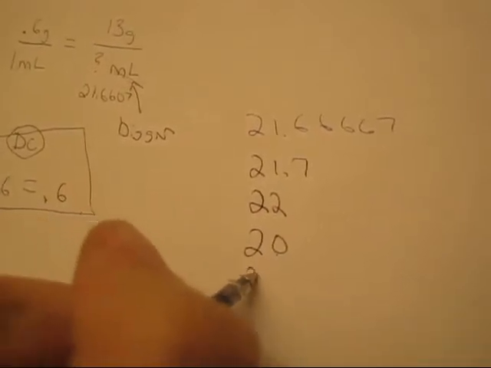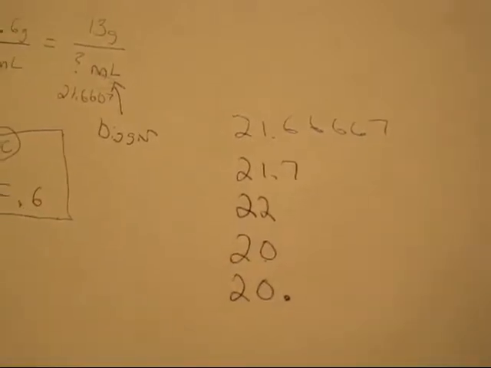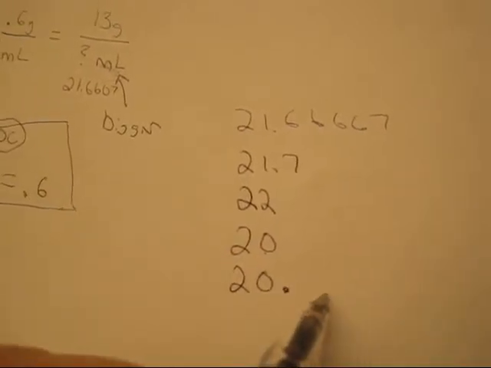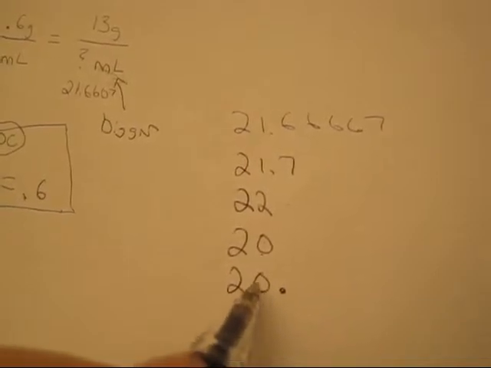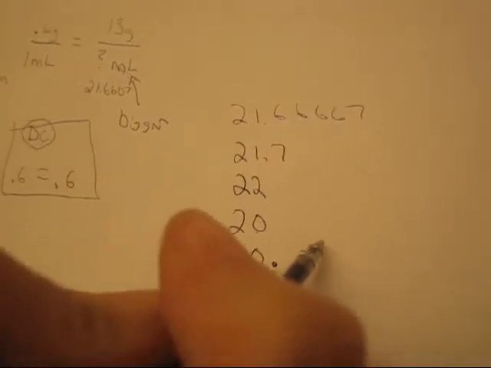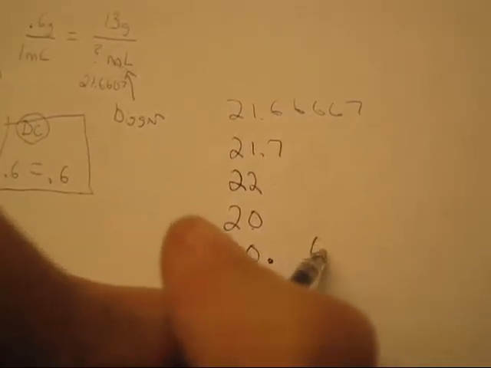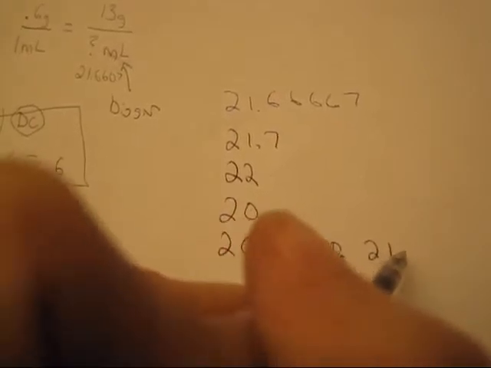There's 2 different kinds of 20s, 20 with a decimal and 20 without. This decimal does not mean that we know it to the tens place. What this decimal means is that this 0 is significant. And what I mean by that is our measurement could be 20, or it could be 21, or 22.